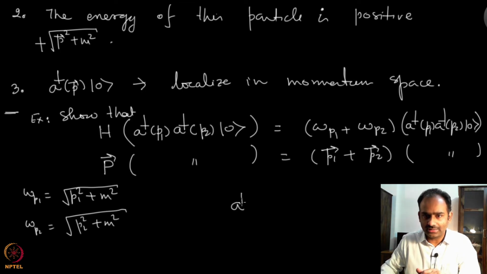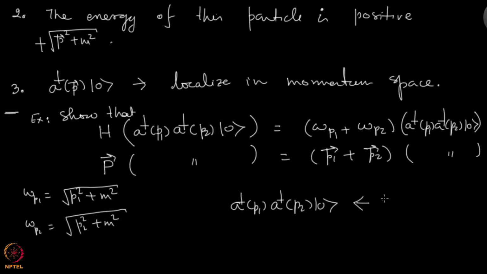Okay. So, a dagger p1, a dagger p2 acting on ket 0 is a two particle state, and they are not interacting. Okay, please convince yourself that indeed they are non-interacting.